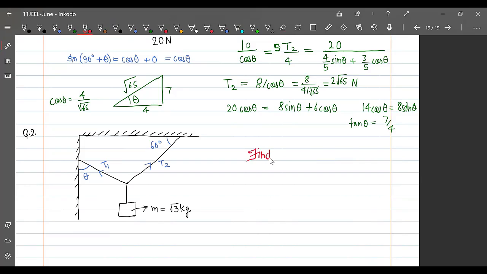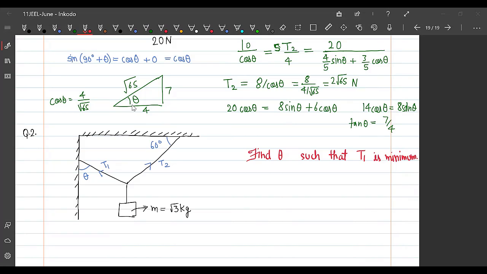Try to solve this, write the equation and try to solve. T1 की value minimum चाहिए.